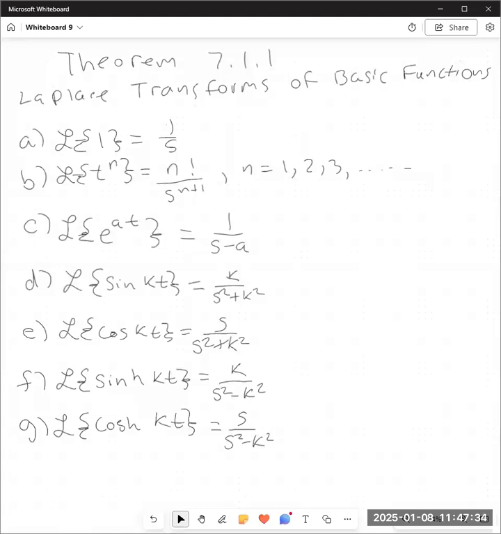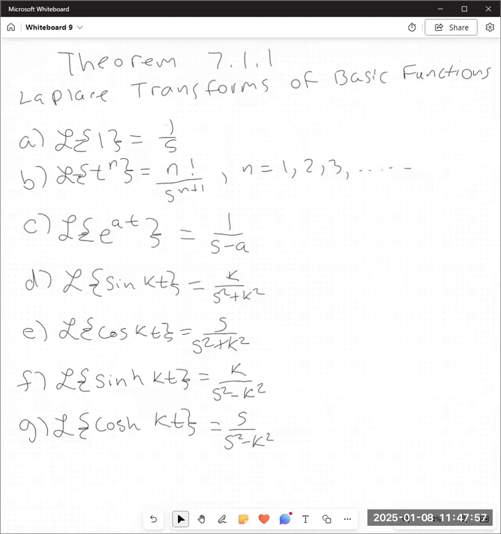So our first Laplace transform that you should know is that the Laplace transform of 1 is equal to 1 over s. This is the rule that we're going to use for the Laplace transform of any constant. Remember that Laplace transforms are integrals and inherit all the properties of integrals, so we can pull constant multipliers out front.